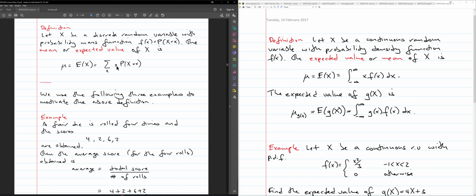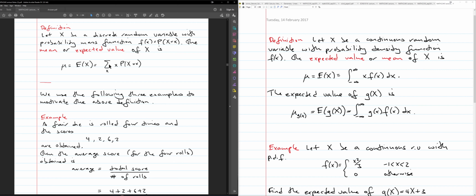In the case of a continuous random variable, you take the small x and multiply it against the PDF, which is denoted in this case as f of x. So in the discrete case, it's small x times the PMF, and in the continuous case, it's small x times the PDF.